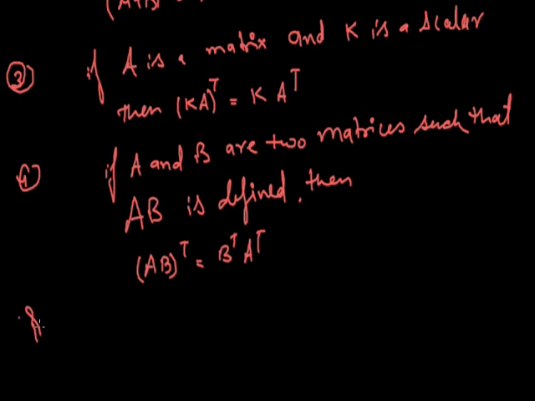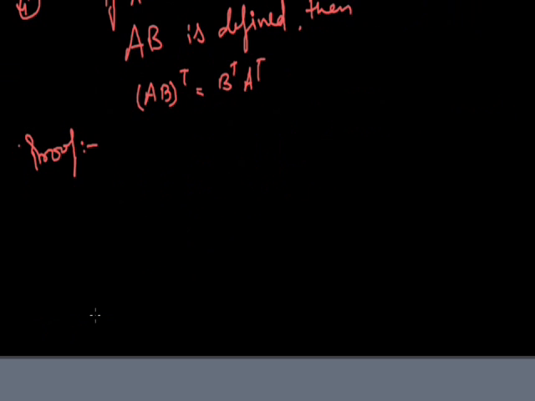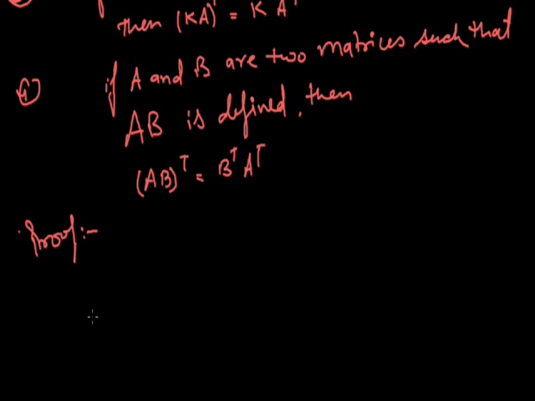Now the proof. A and B are two matrices. The multiplication of two matrices is possible when the number of columns of the first matrix is equal to the number of rows of the second matrix.